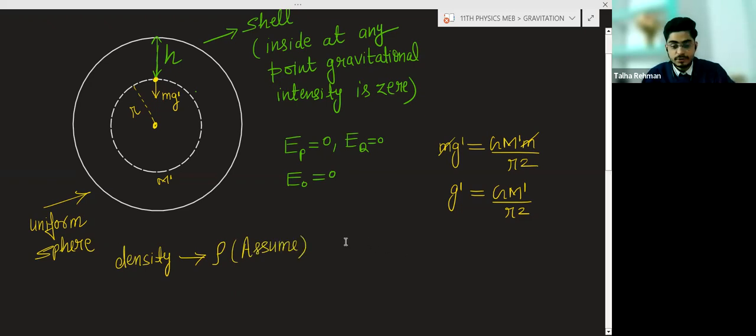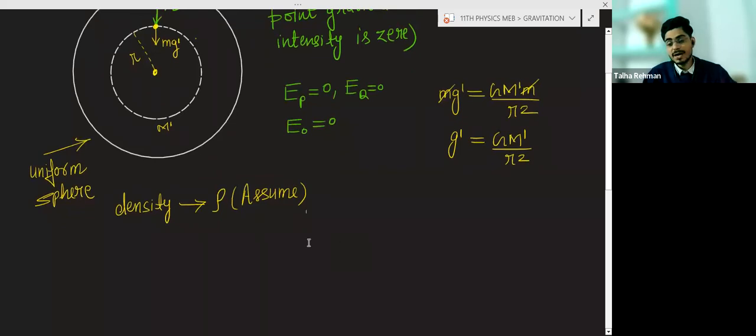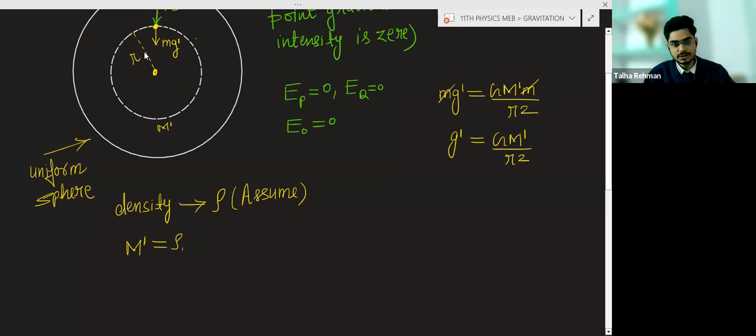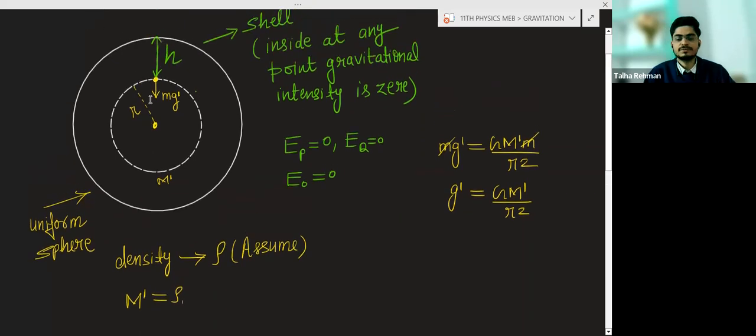And one more thing, mass is equal to density into volume. So the mass of this earth, that is m dash, is equal to the density of this earth. This mass will have density rho, and this mass will have density rho. Because this is a uniform sphere, the density of the whole earth is the same.